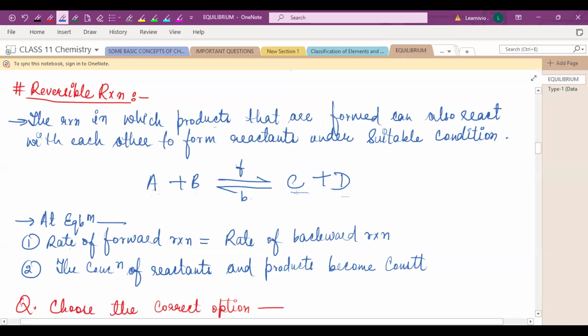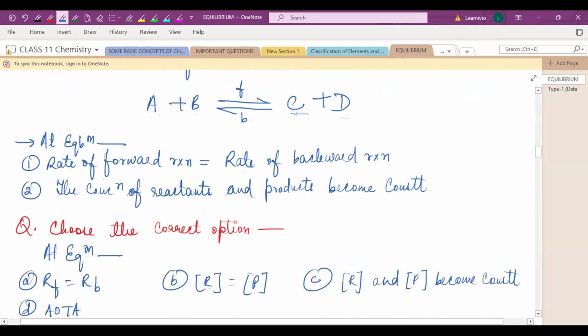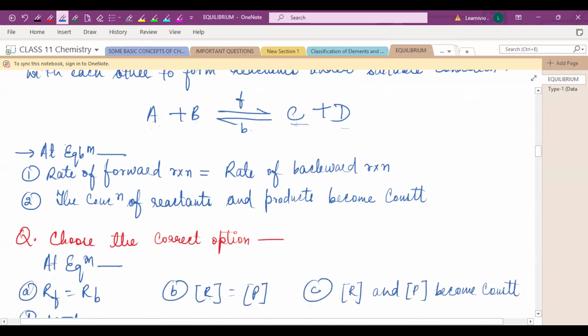Now, at equilibrium, you should understand or you should memorize these two. This is very important. This is the backbone of the equilibrium. At equilibrium, the rate of forward reaction is always equal to the rate of backward reaction. Whenever I say that this reaction is in equilibrium, you should know that the rate of forward reaction is always equal to the rate of backward reaction.